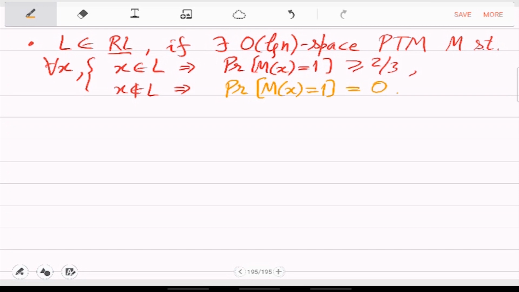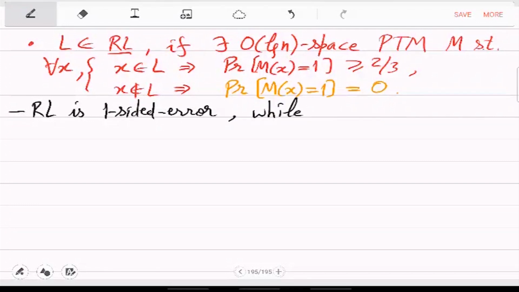This is the one-sided error case. So RL is one-sided error, while BPL is two-sided. Like we did for BPP and RP, similar definition.